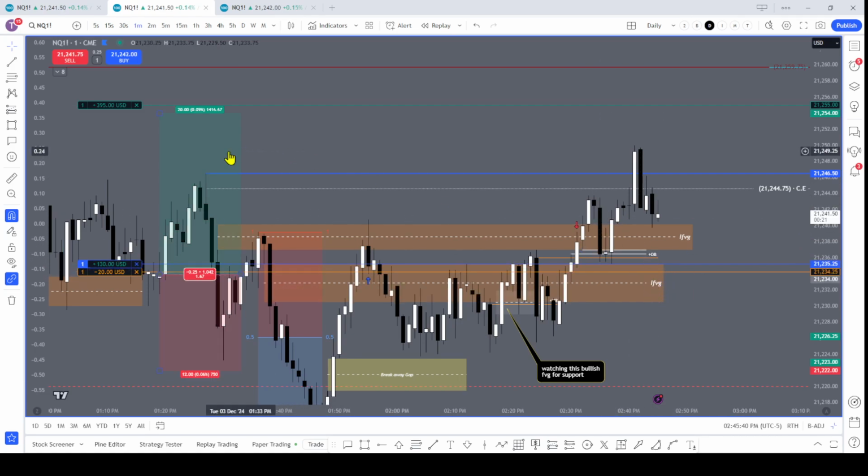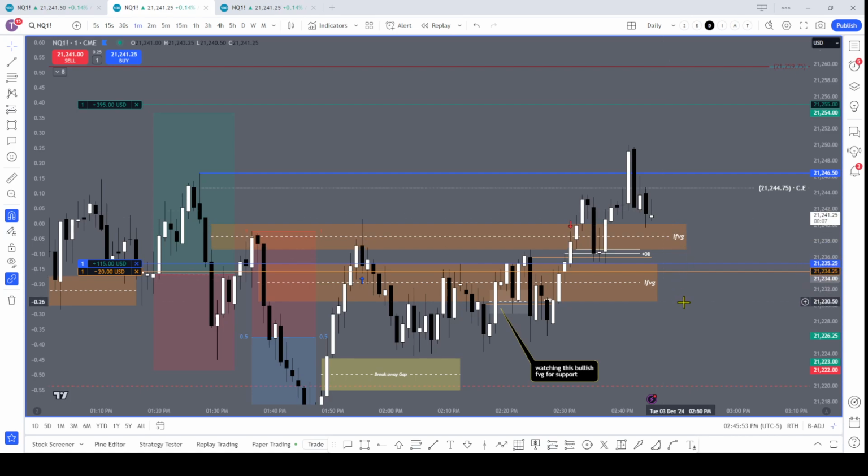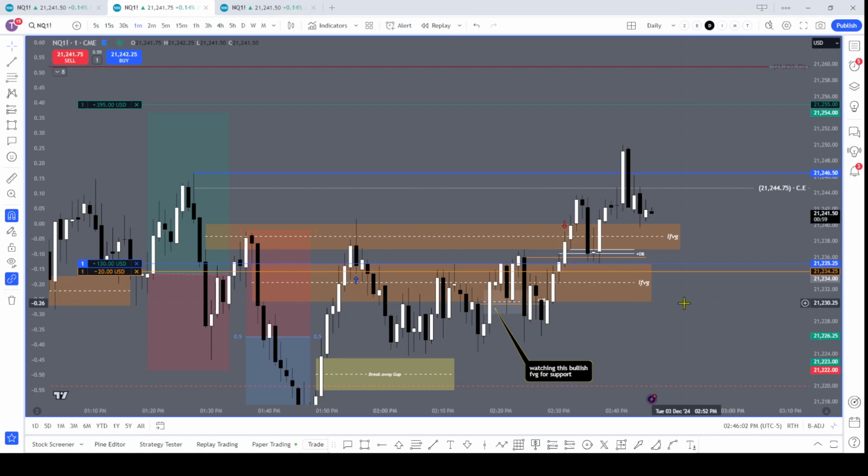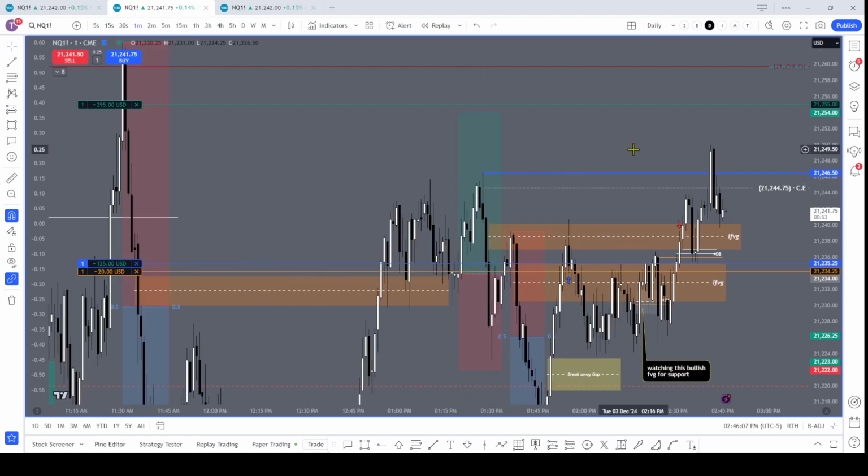And I want to see this support because we took this high. So before we took this high, my stop loss was still where it was from the beginning. Also came into this SIBI over here, which sent us lower.